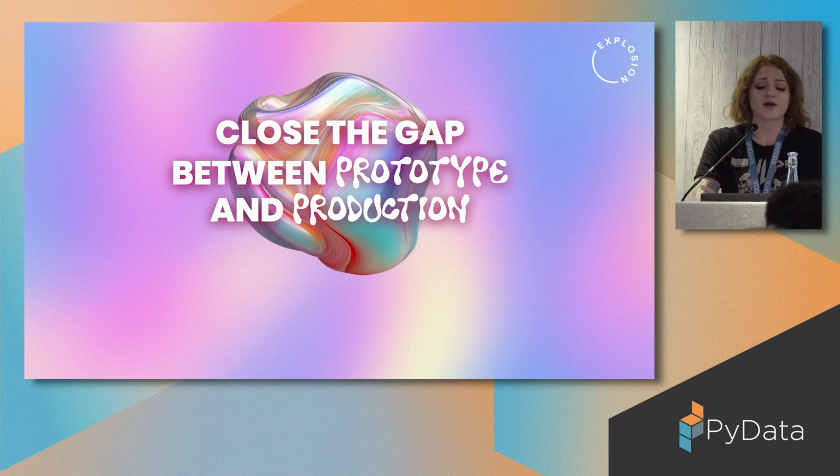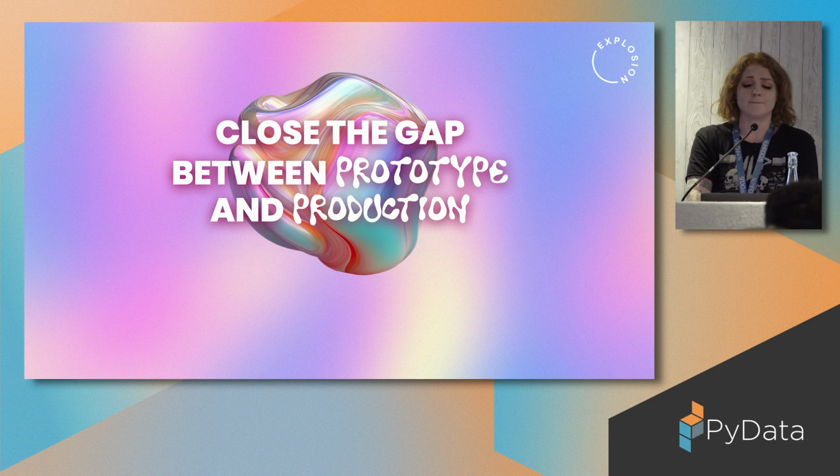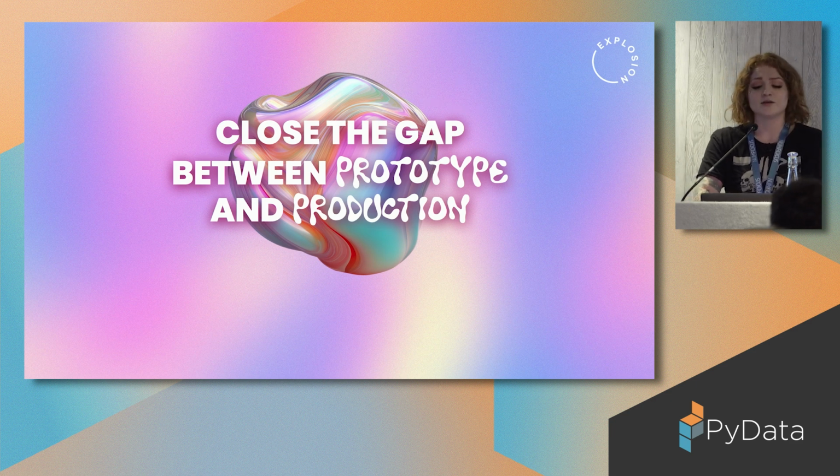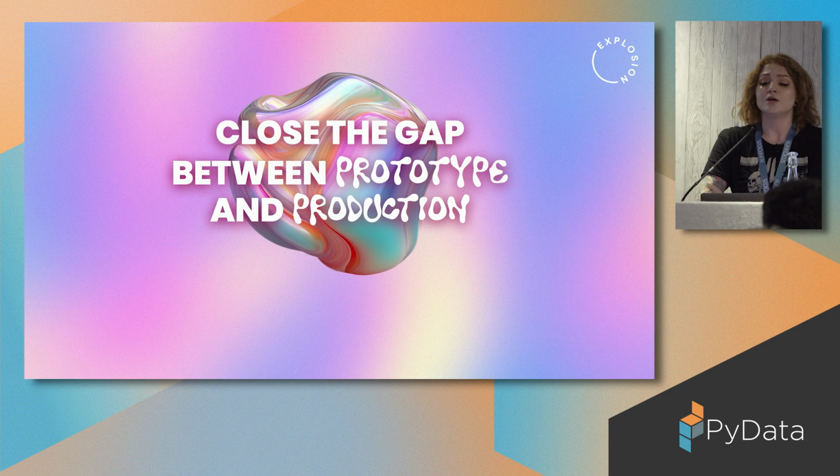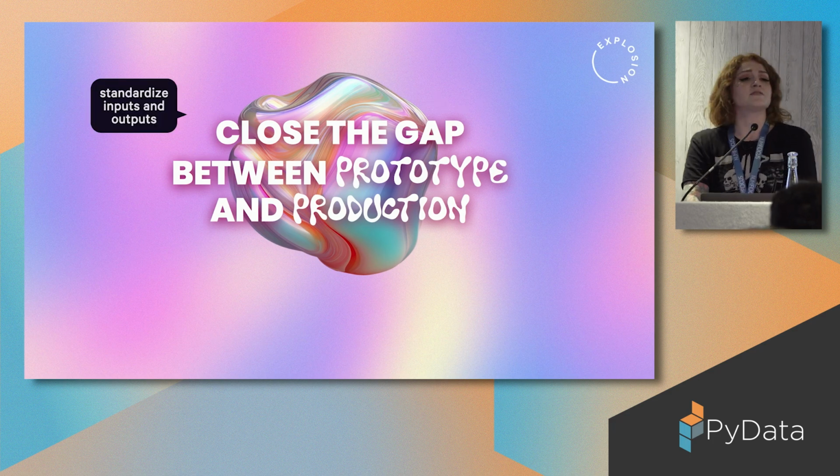And there are lots of reasons for that, and also some solutions that we can implement in order to solve this. And one of them is you want to standardize your inputs and outputs. So if your prototype takes a nice text that you can put into your demo and outputs the answer as text, that can be very impressive.